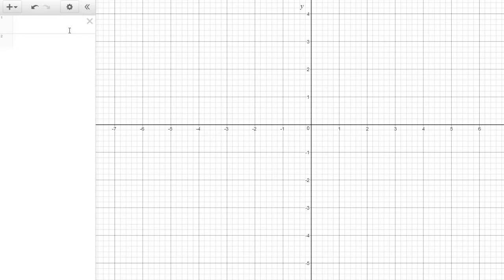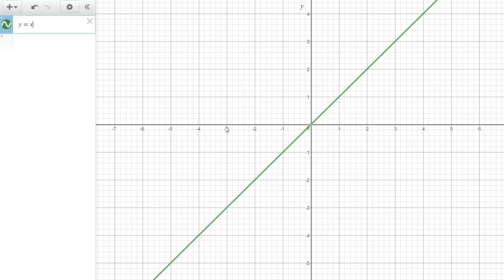The equation of the line we are interested in is all the points where the y value equals the x value. So there we have it, the equation of our line, y equals x.